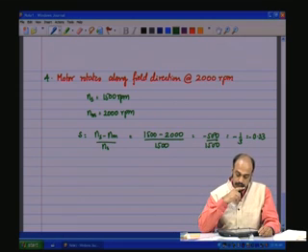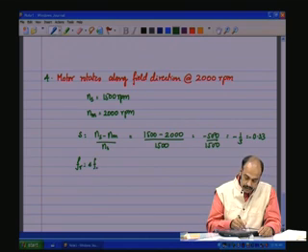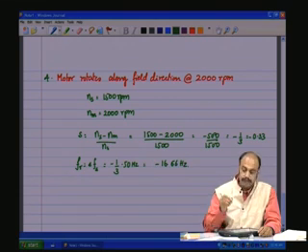Now the rotor frequency Fr is S times Fs, which is minus 1 by 3 into 50 Hertz, which is minus 16.66 Hertz.